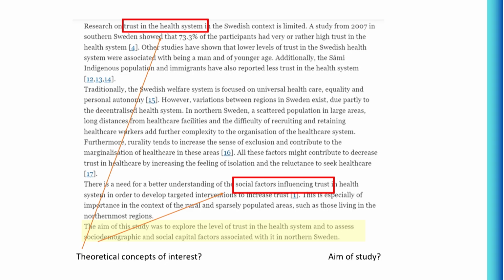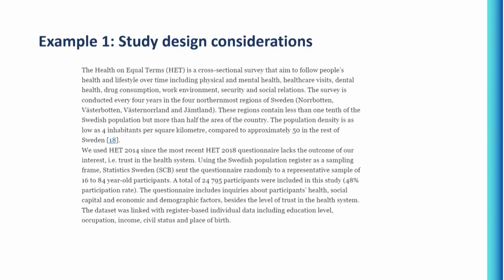Exactly, yeah? Okay, study design considerations. Health on Equal Terms is a cross-sectional survey that aims to follow people's health and lifestyle over time, including physical and mental health, healthcare visits, dental health, drug consumption, and so on. So this is still the same study, by the way.